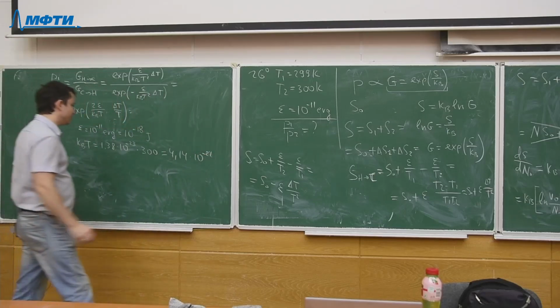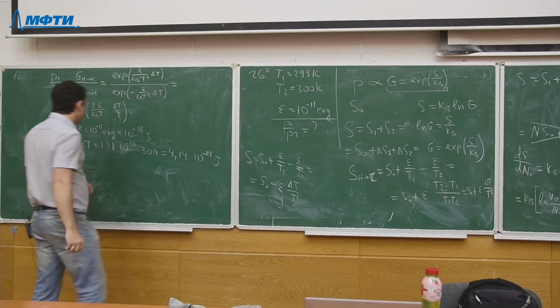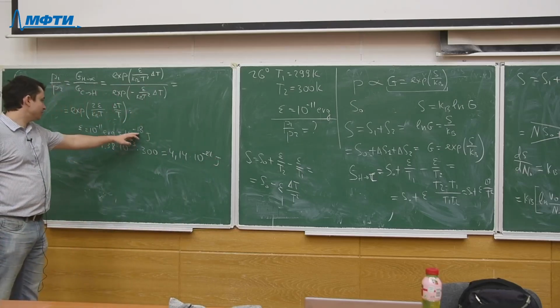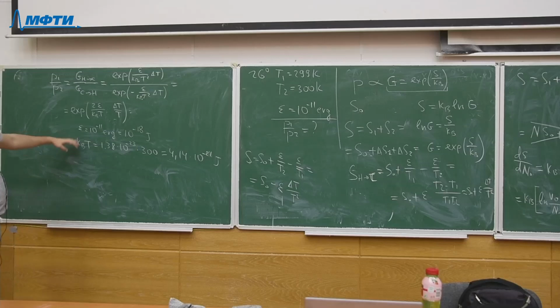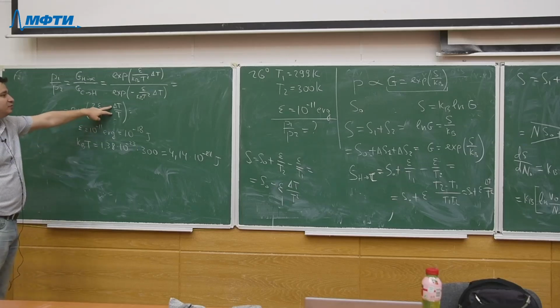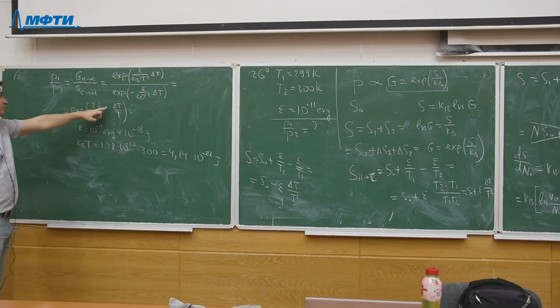Okay, now again in joules. Once again, we can see that epsilon is quite a bit larger than kBT, but we also have this fraction of delta T over T, which gives you 1 over 300.